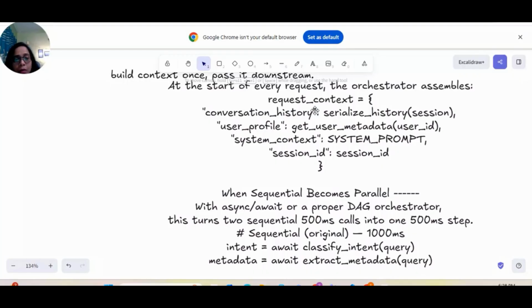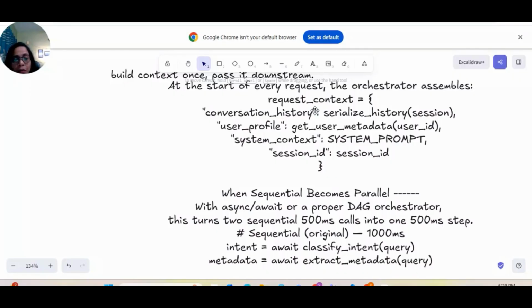This is also suitable for caching purposes. If our context includes static components, for example system prompts, company documents, or product catalogs, we can cache the KV values, the key and value activations for those tokens, using the prompt caching features offered by LLM providers like OpenAI, Anthropic, Claude.